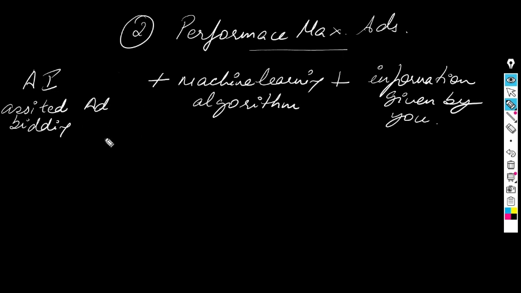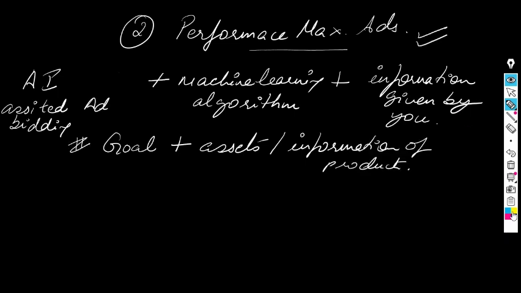That means basically over here, what are you feeding to Google? Your goal plus the assets or the information about the product. So this is a kind of advertisement which is more strategic.